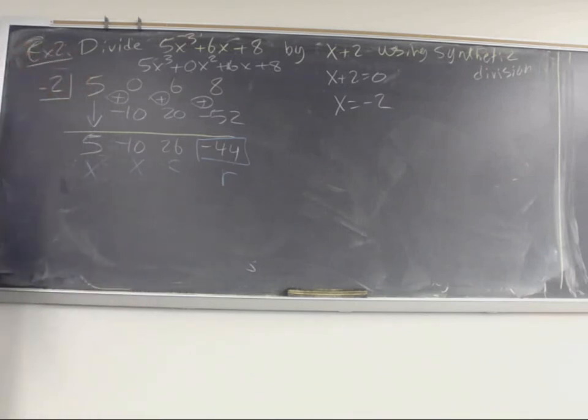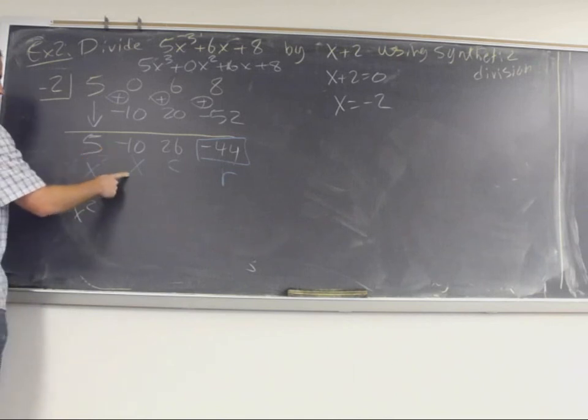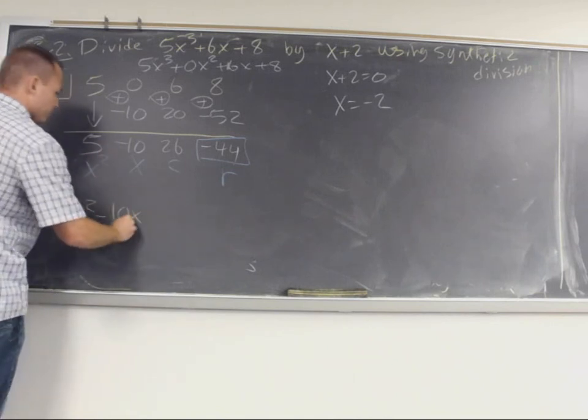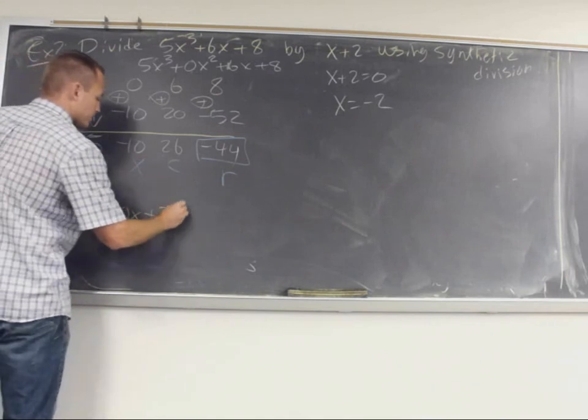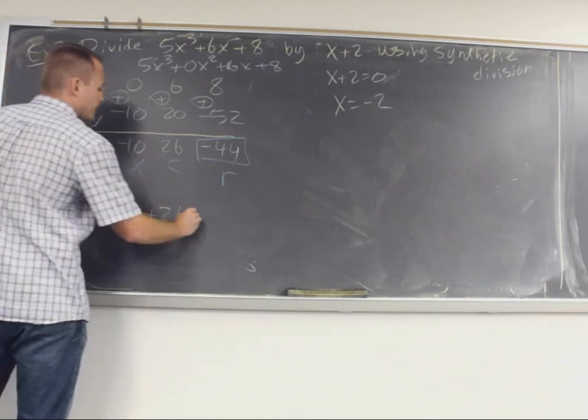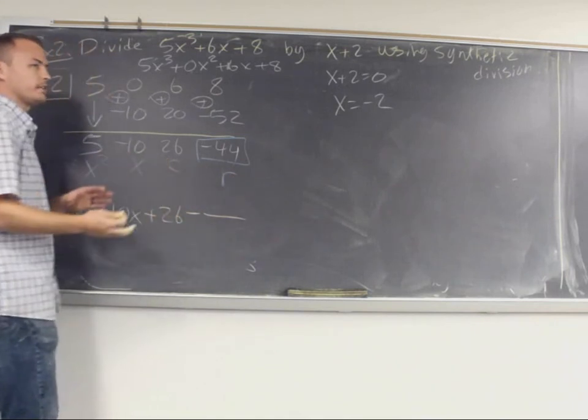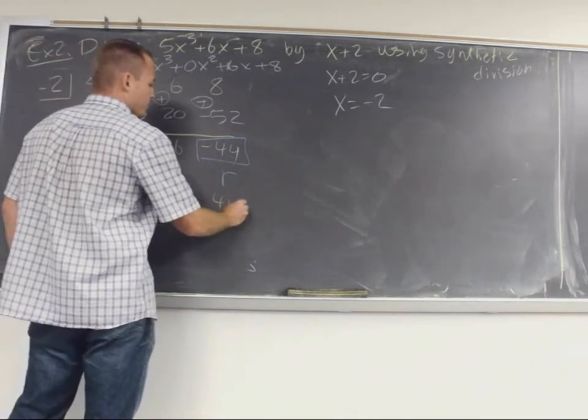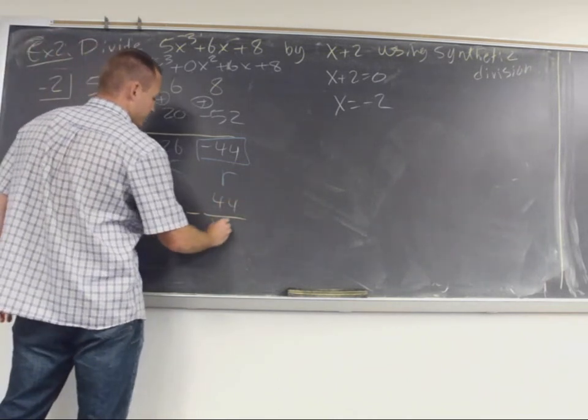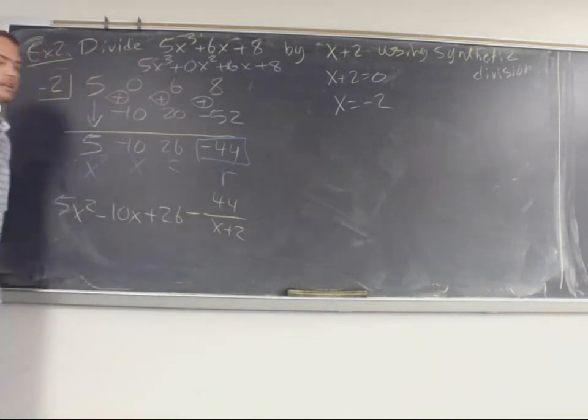All right? So now these are my coefficients to these terms. So 5x squared minus 10x plus 26. And then this is minus, remember this is your remainder. You have 44 left over that you still need to divide by that x plus 2.